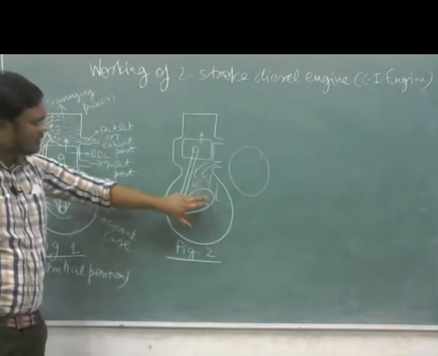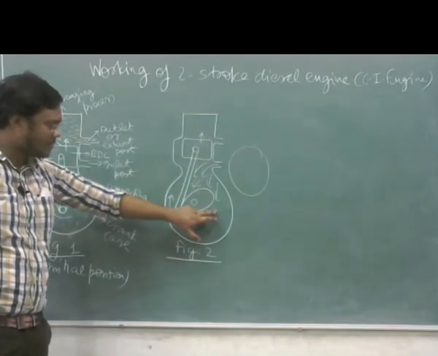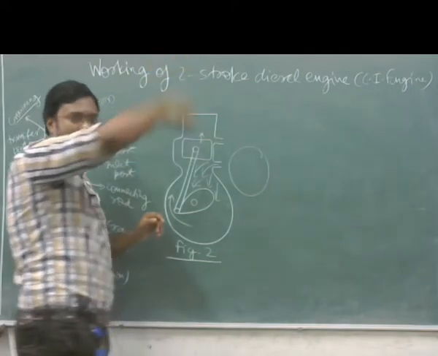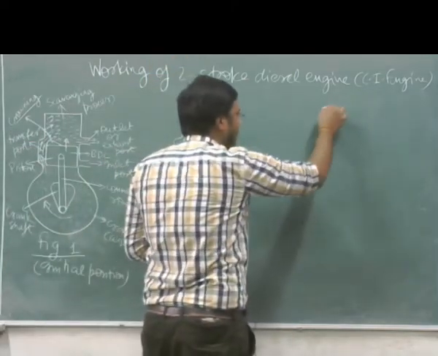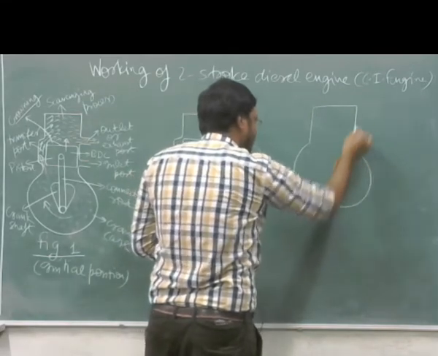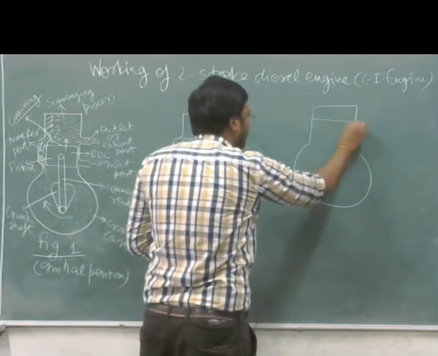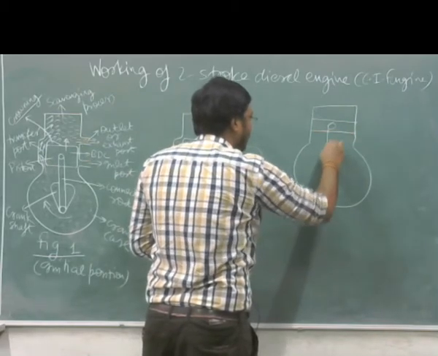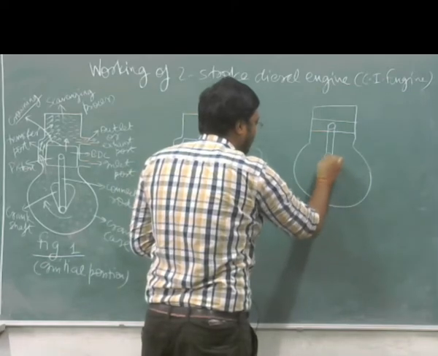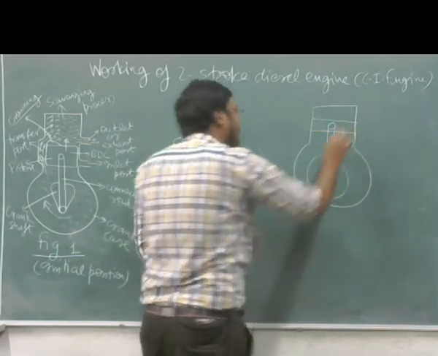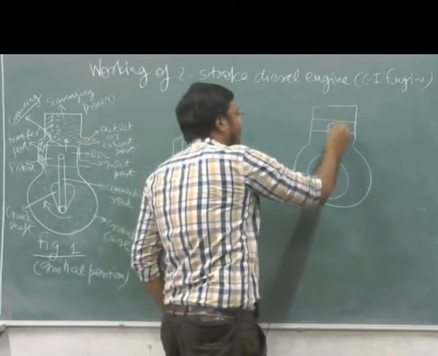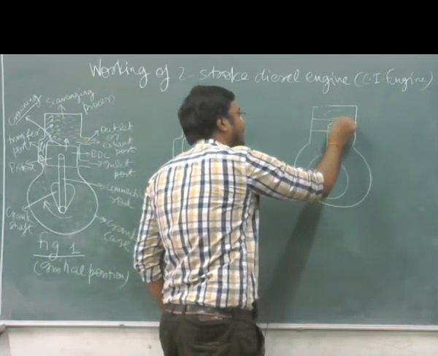Same process takes place here as in a 4-stroke engine. When the piston is moving in downward direction, as we have seen in the previous class, pressure inside the cylinder decreases.